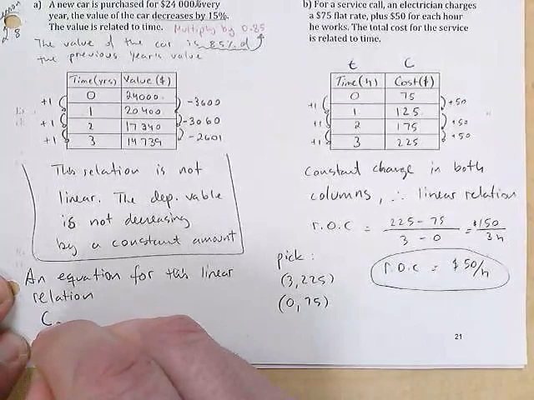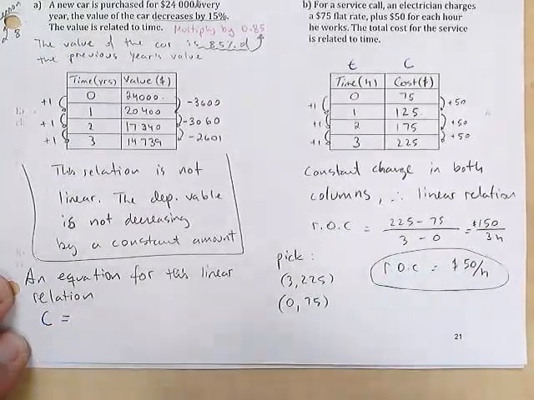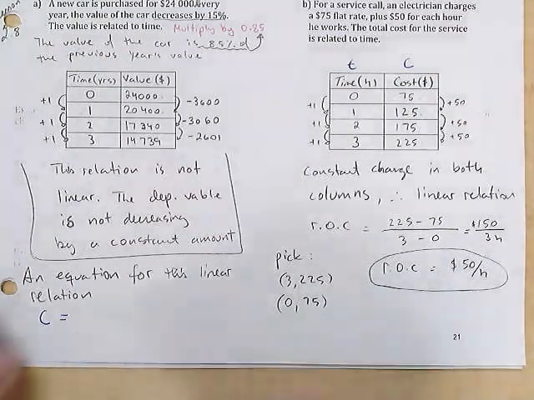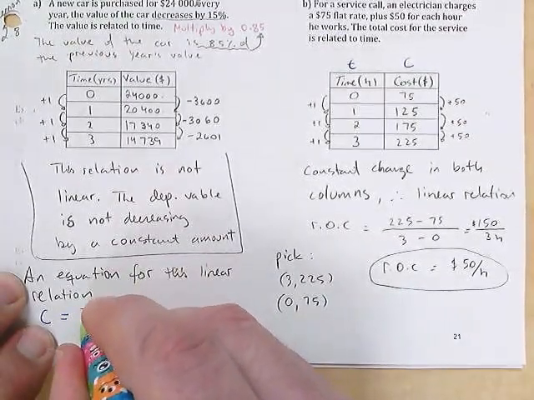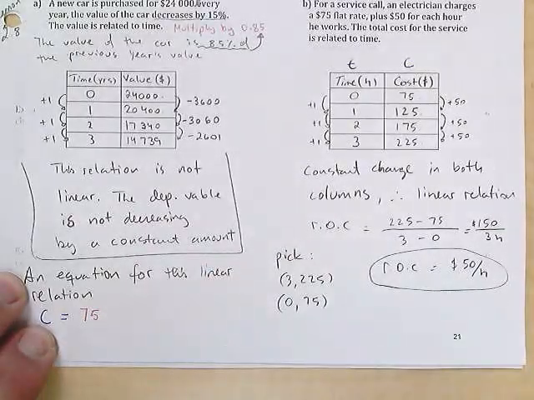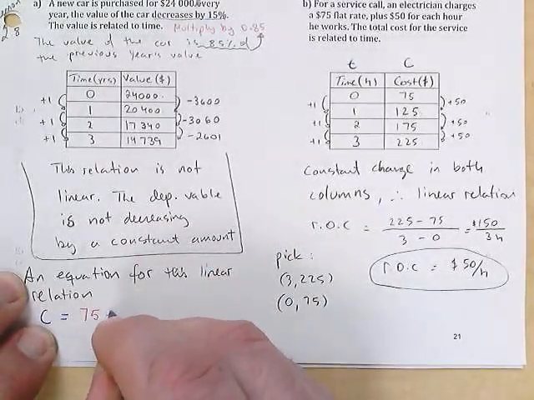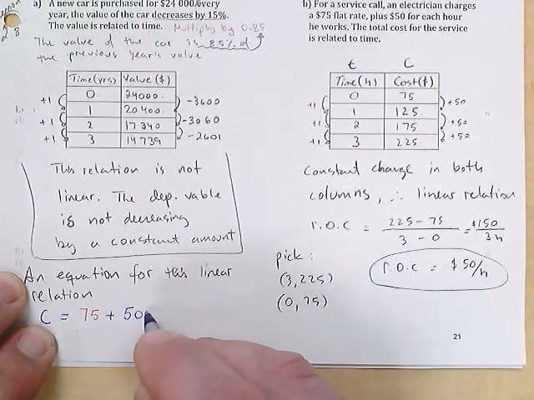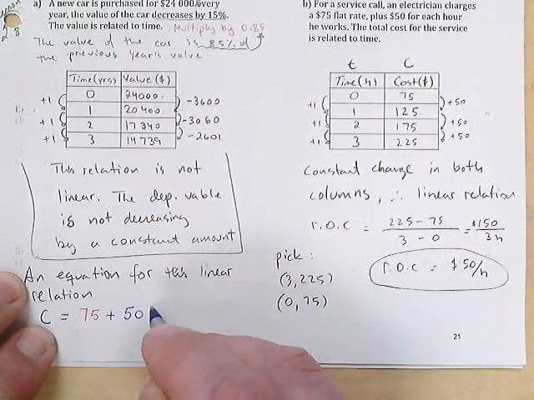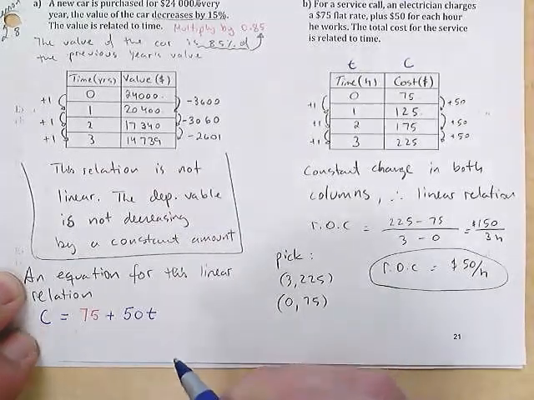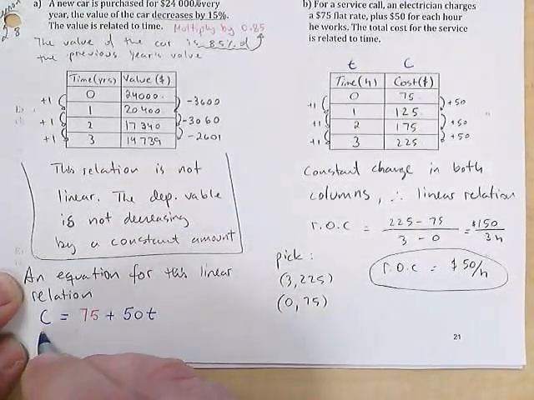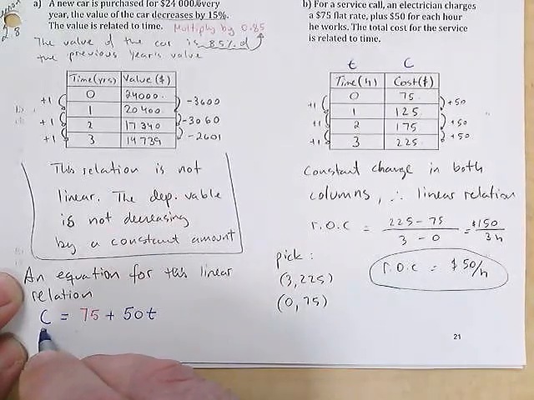Well, the cost would be, we would charge $75 to start off, right? So I'm going to use this one here, my nice pen given to me by my son, plus 75 plus $50 for every hour. So we're going to call that T, right? And so this is the equation, and this is the dependent variable.